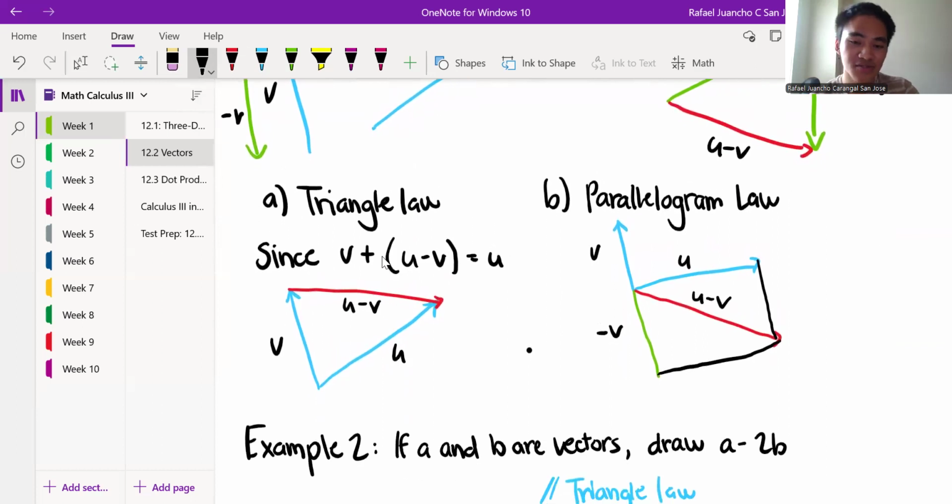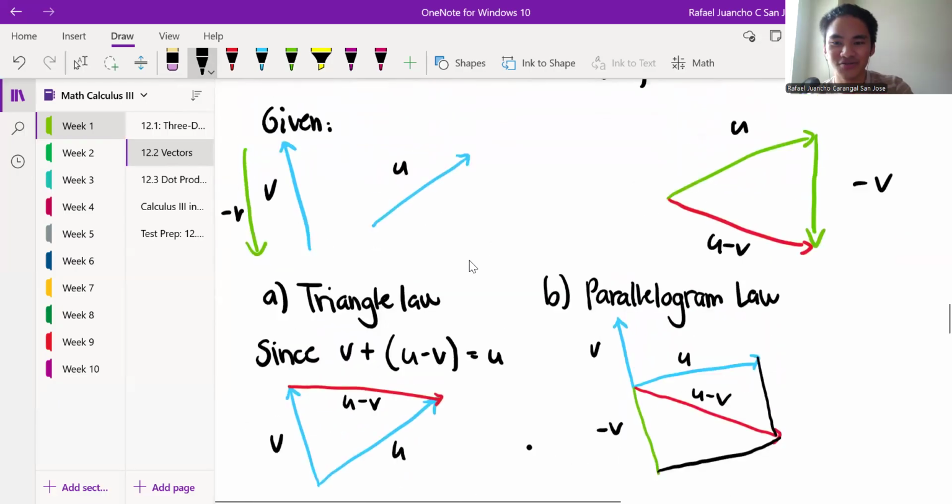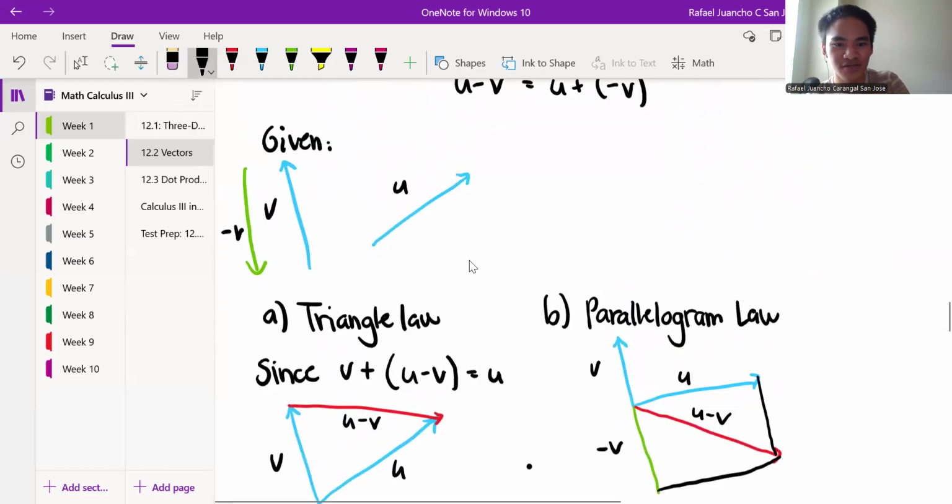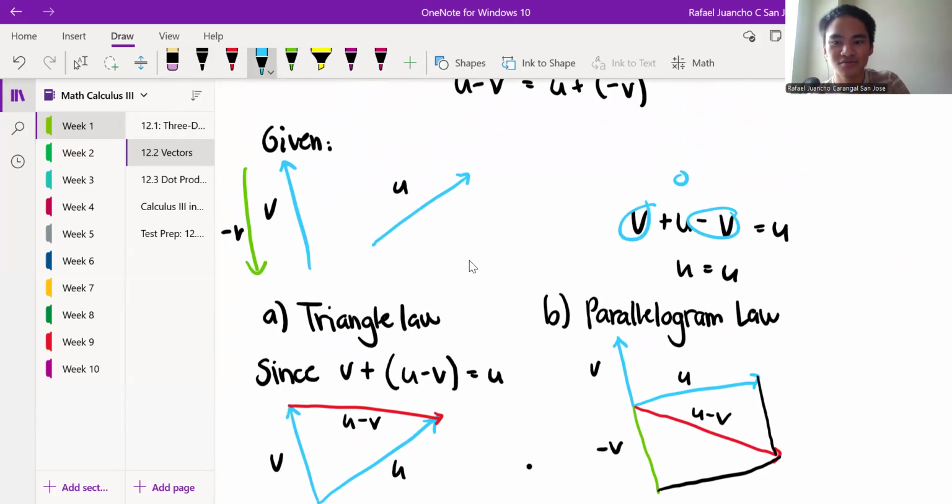We could also do it this way, where we add v to u minus v, and then we get u. We could do it that way too. Because when you add v plus u minus v, this is just u equals u. Because this thing turns 0. And u equals u makes sense. Because they're the same real number.